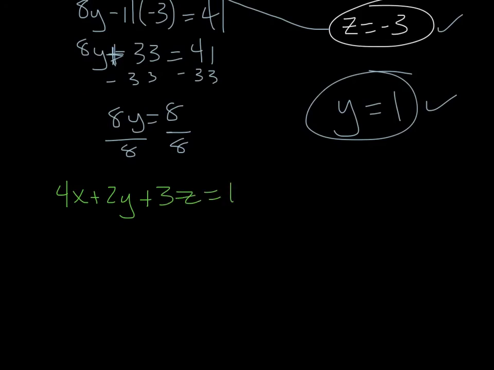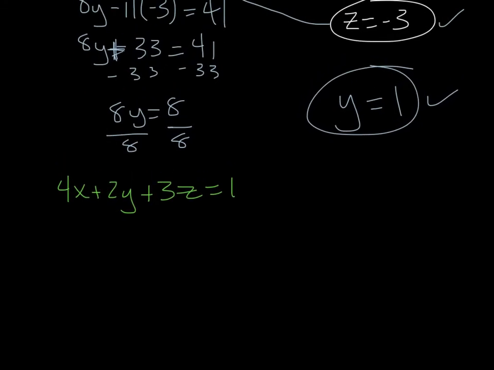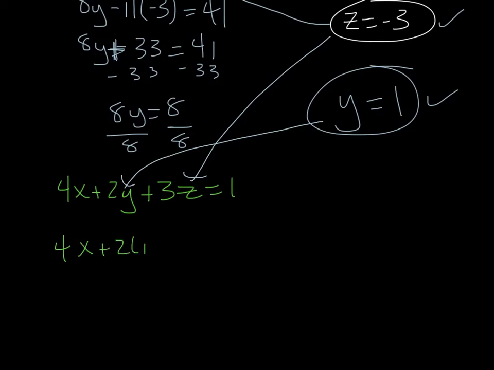Okay, now I just said that like 4 times because I wanted to remember it, so I didn't have to go back and look at it again. But again, I know z, I now know y, so this is not so bad. 4x plus 2y plus 3z equals 1.